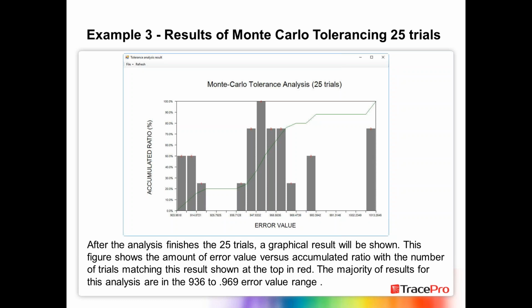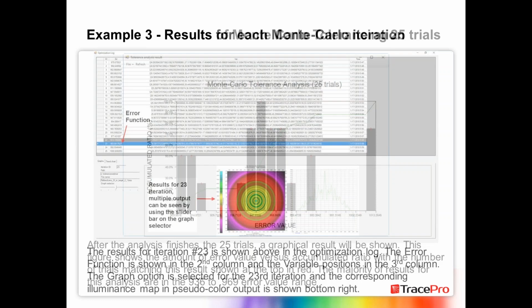I'm going to have to throw 3 parts away on the top end. So this means that we have 8 parts that are going to fail out of 25, or a total of 32 out of 100 if we're making 100 of these parts, which is probably not going to be acceptable to anybody out there. So this is what the Monte Carlo tolerancing analysis is showing us for this particular example.